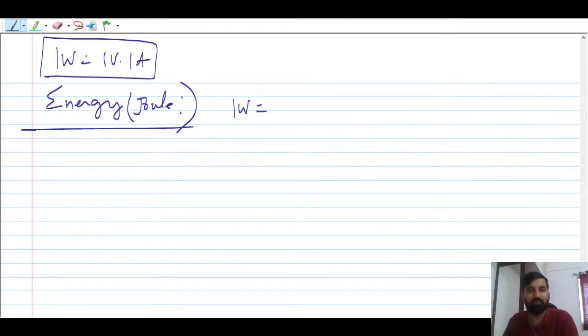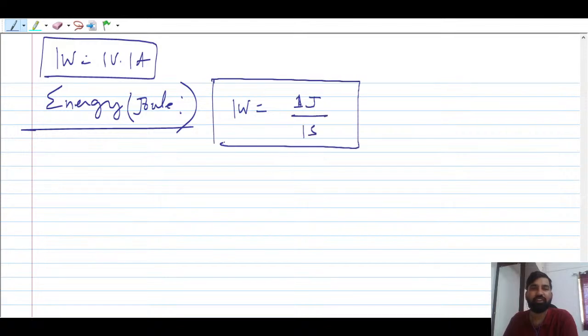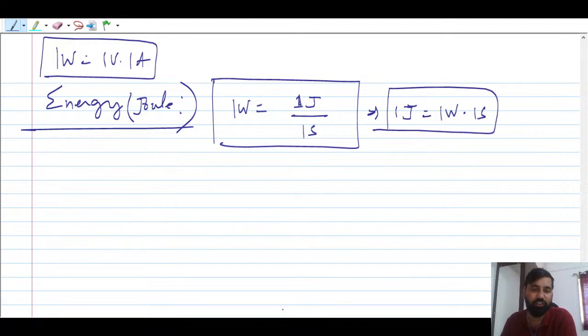So 1 watt of power can be written as 1 joule by 1 second. This is another way of defining 1 watt. So 1 joule is going to be 1 watt times 1 second, watt into second. This is very important.